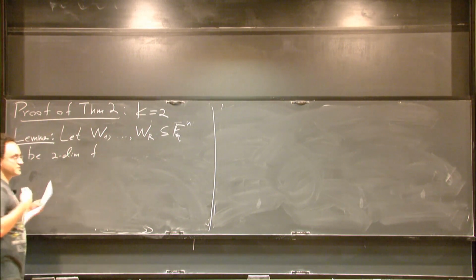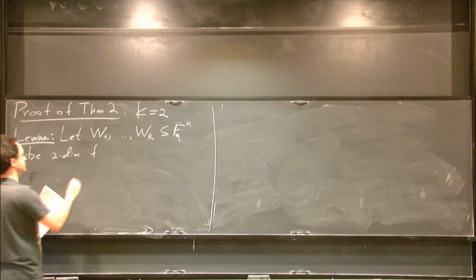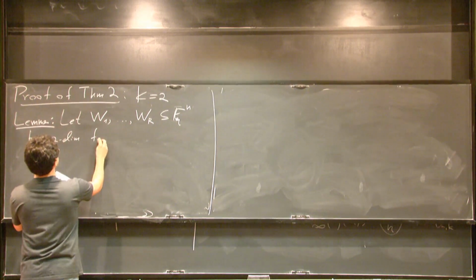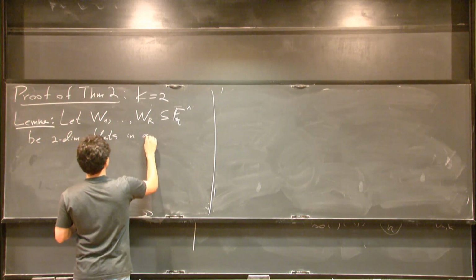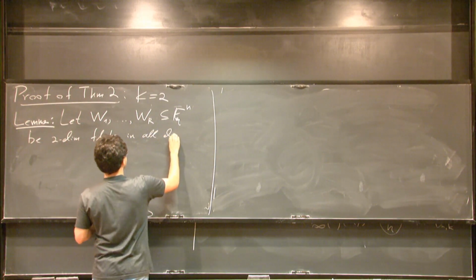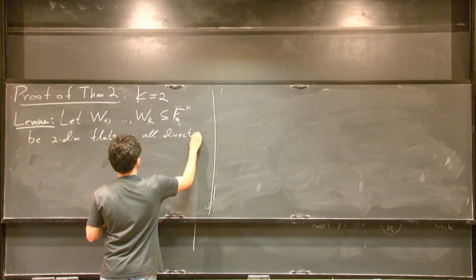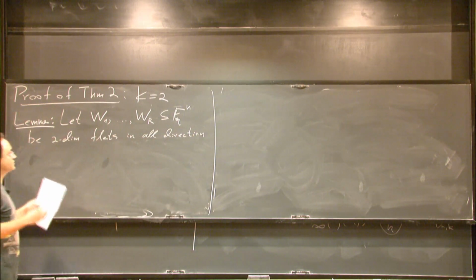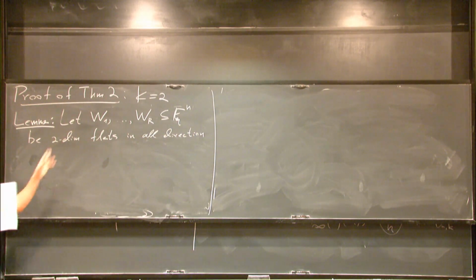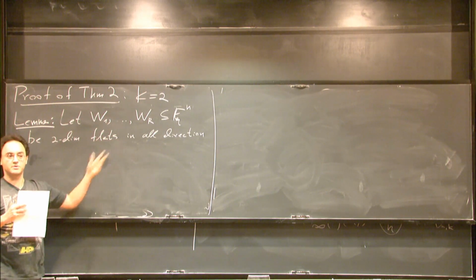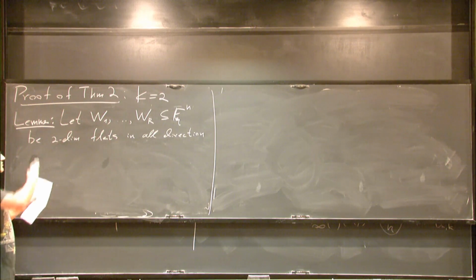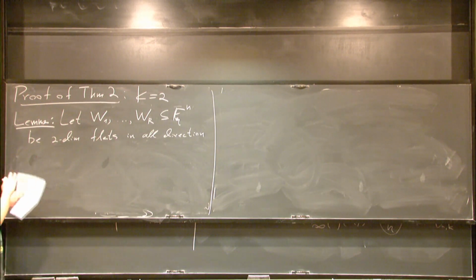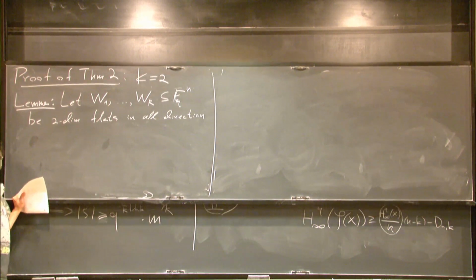A flat, for me, is again a shift of a subspace, so just an affine subspace. Flats in all directions. In the general problem, we have a set that intersects all of these in m points. But let's just look at this family without any set: a family of two-dimensional flats in all directions.